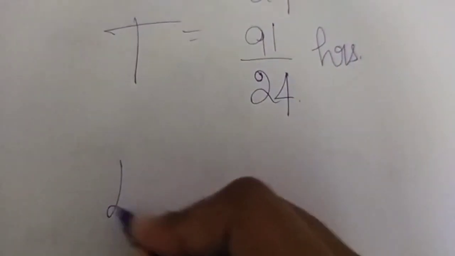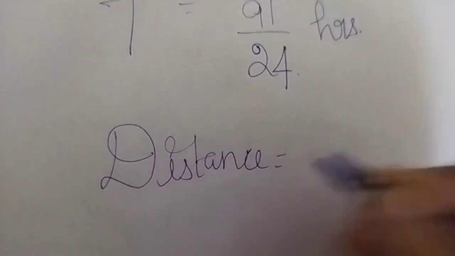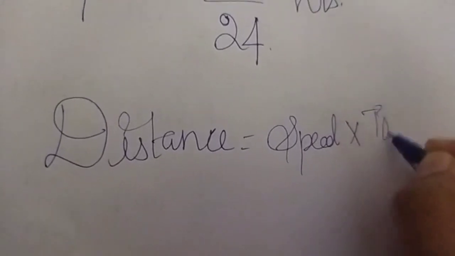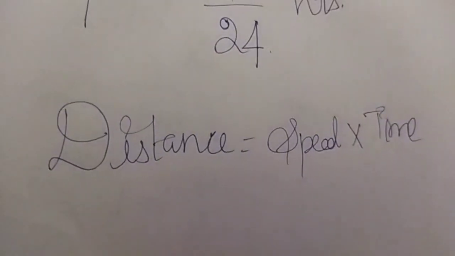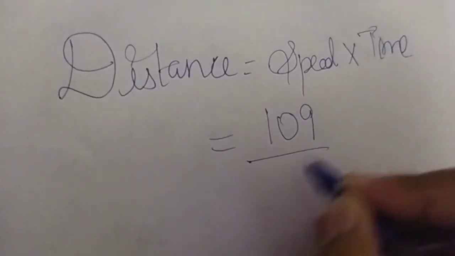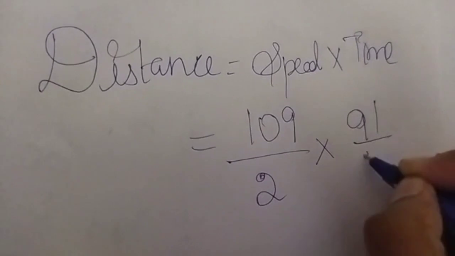So the formula to find distance is speed into time. Distance is equal to speed into time. So speed is 109 by 2 into time is 91 by 24.